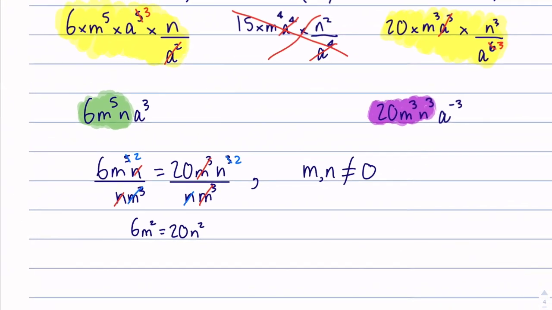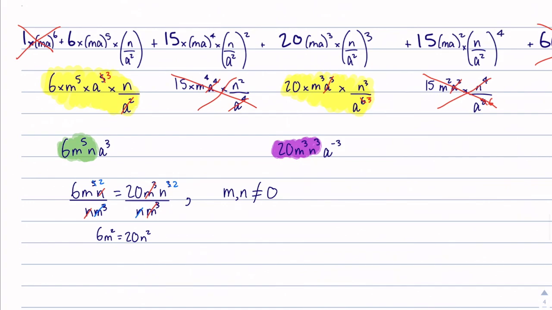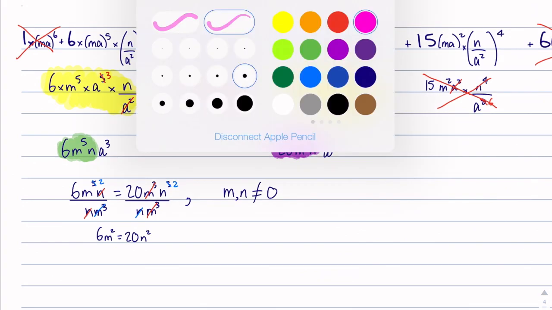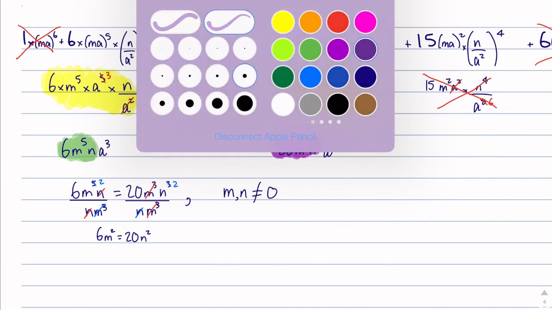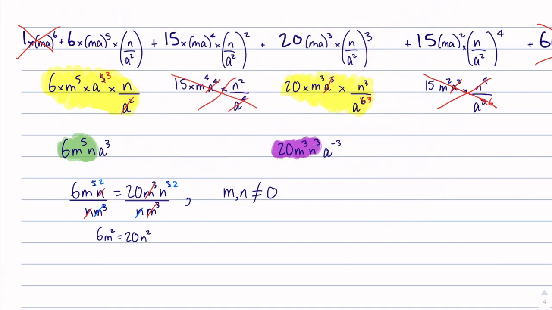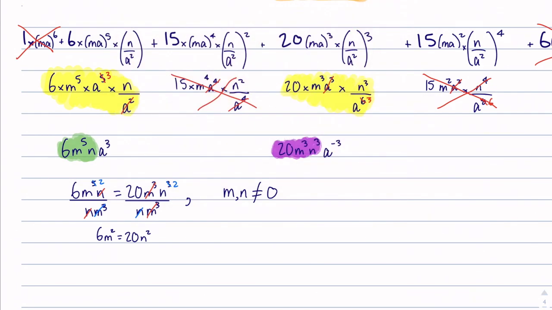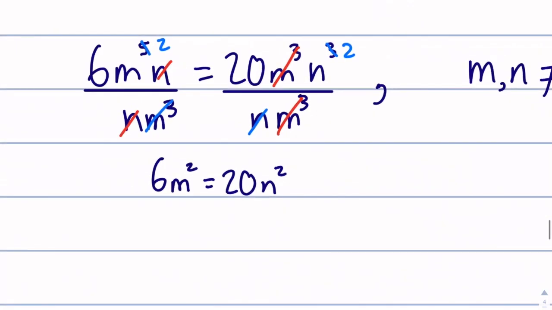When they ask us to prove that, no, I'll choose a different colour. What's one we haven't used? This. When they ask us to prove this, that's the same as us proving m squared over n squared equals 10 over 3. So I'm going to get m squared over n squared by dividing both sides by n squared.